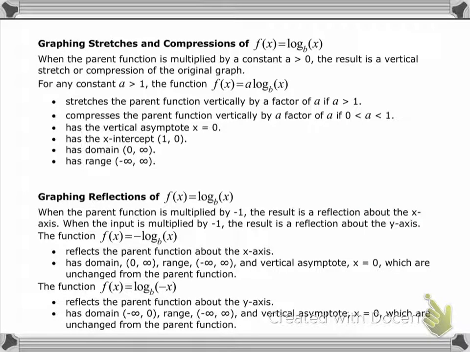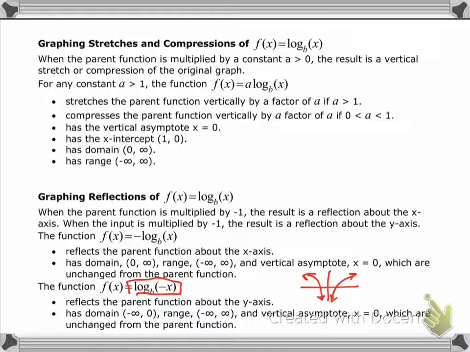Let's move on to the next one. All right, so here's another one, reflections. If you do a reflection on the x, what we saw before, so that's a horizontal reflection, so that's going from here over here, so your domain definitely will change.